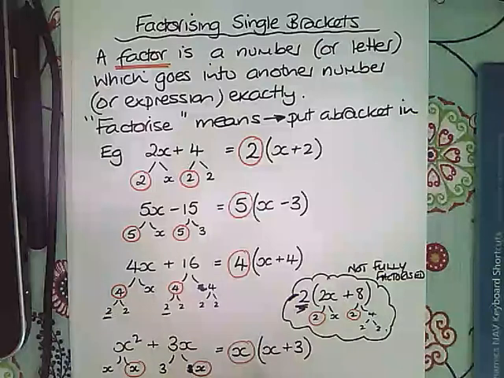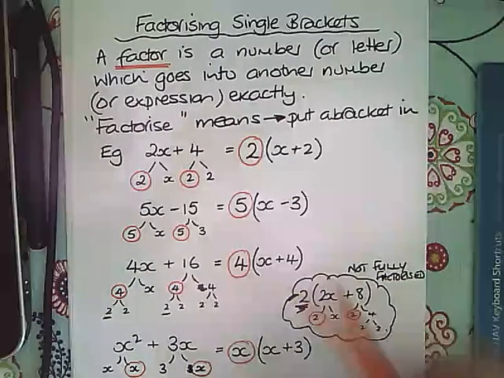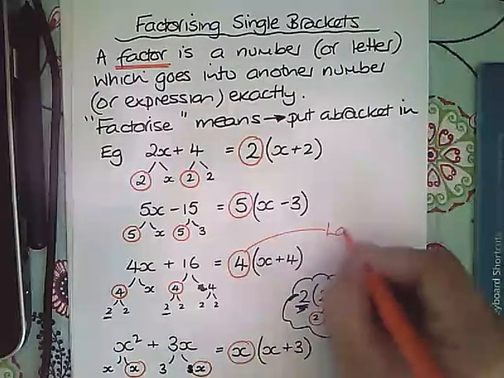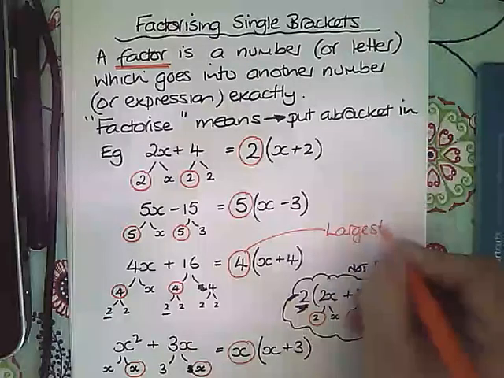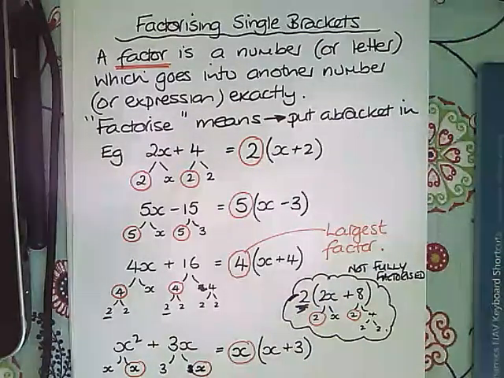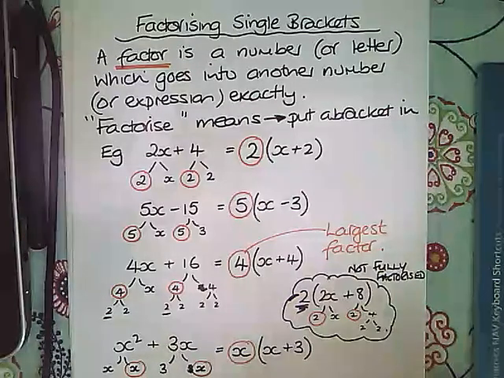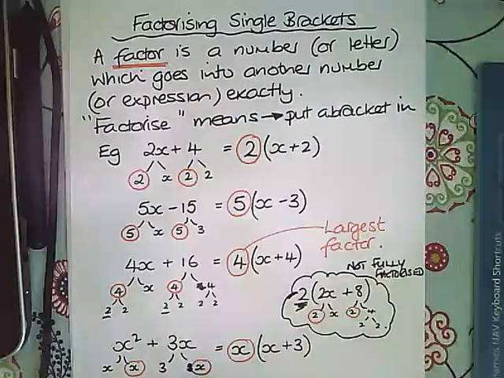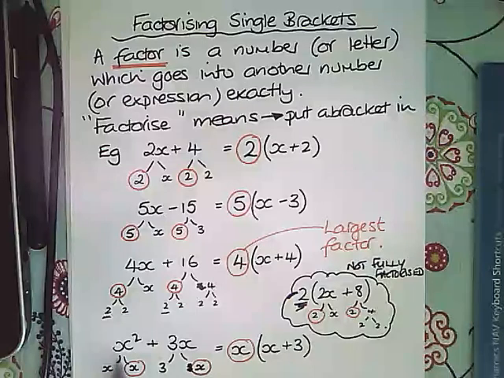You want to have the largest factor outside the bracket. And remember that the largest factor doesn't always have to be a number. Here there was an x in each of these terms, and that meant that an x was the factor that came outside the bracket.